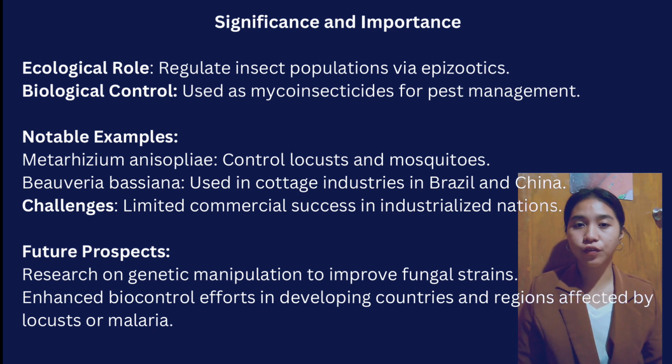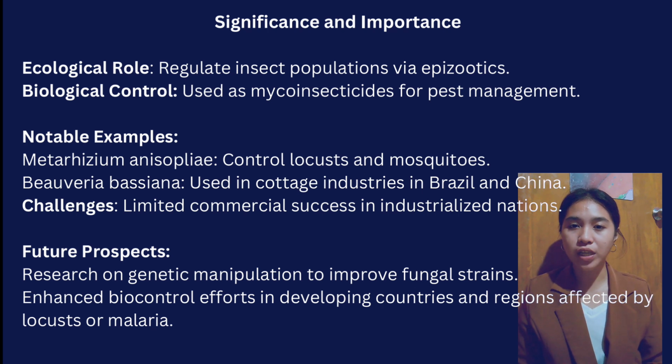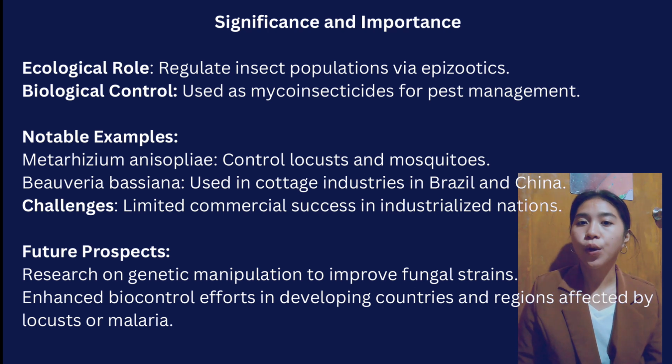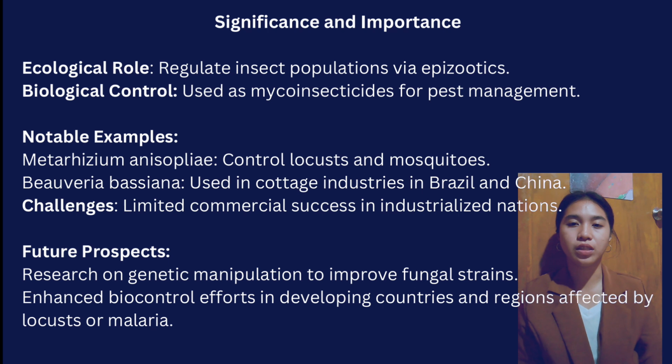This technology offers exciting prospects, particularly in developing countries, where fungal biocontrol could be an affordable, eco-friendly alternative to chemical pesticides. This could be especially valuable in areas facing locust plagues or mosquito-borne disease like malaria, where traditional chemical methods are less effective or unavailable.